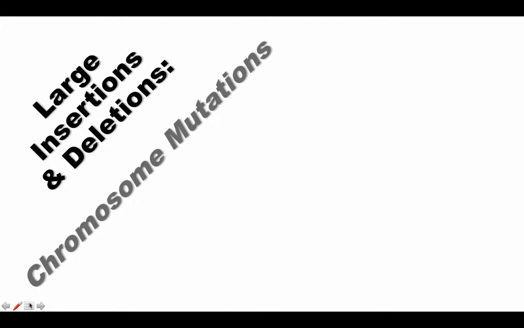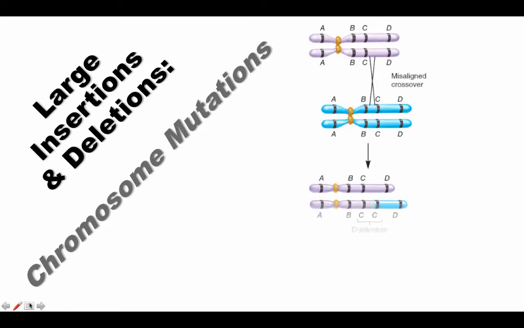And remember, crossing over is just another way of saying the recombination that occurs during meiosis I. So as a result, large insertions and deletions characterized as chromosome mutations will always begin in the germline, and therefore these chromosome mutations that are insertions and deletions are always considered to be germline mutations. We will consider the mechanisms by which such large insertions and deletion mutations occur during our cytogenetics lecture.